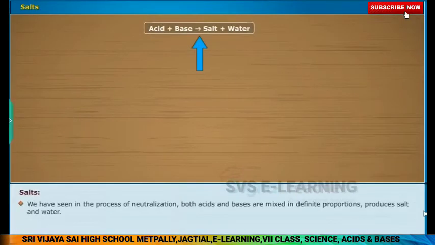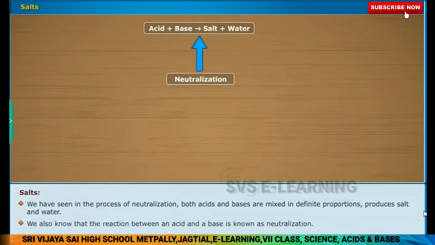Let us know about salts. We have seen in the process of neutralization, both acids and bases are mixed in definite proportions, and produce salt and water. We also know that the reaction between an acid and a base is known as neutralization.